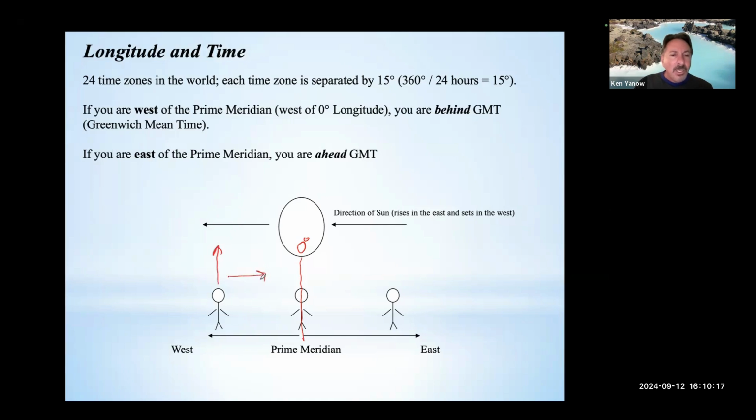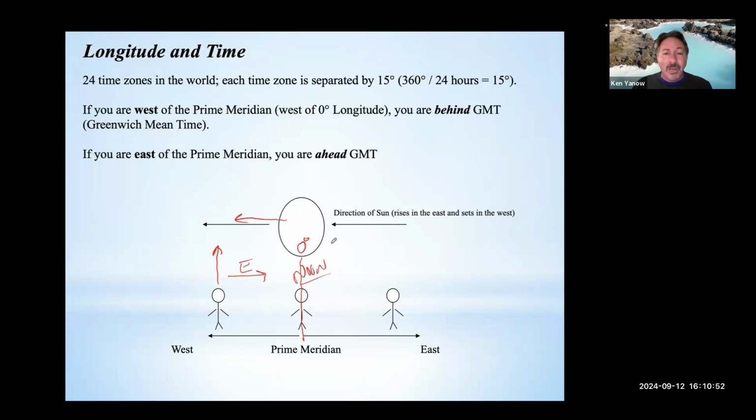If we look to the east of us toward the prime meridian in this example, and let's say that it's noon for this person who's living on the prime meridian, you can easily see that because the sun appears to move this way, it's before noon for us. Like it hasn't gotten to noon yet. The sun is still in the eastern sky. So remember, everything is rising in the east and setting in the west. So here in the eastern sky, the sun is there before it gets to us.